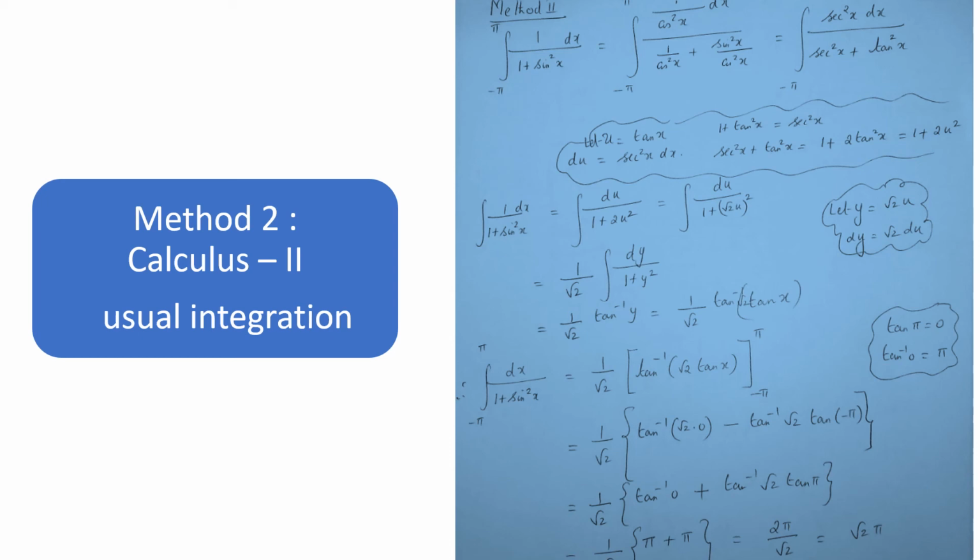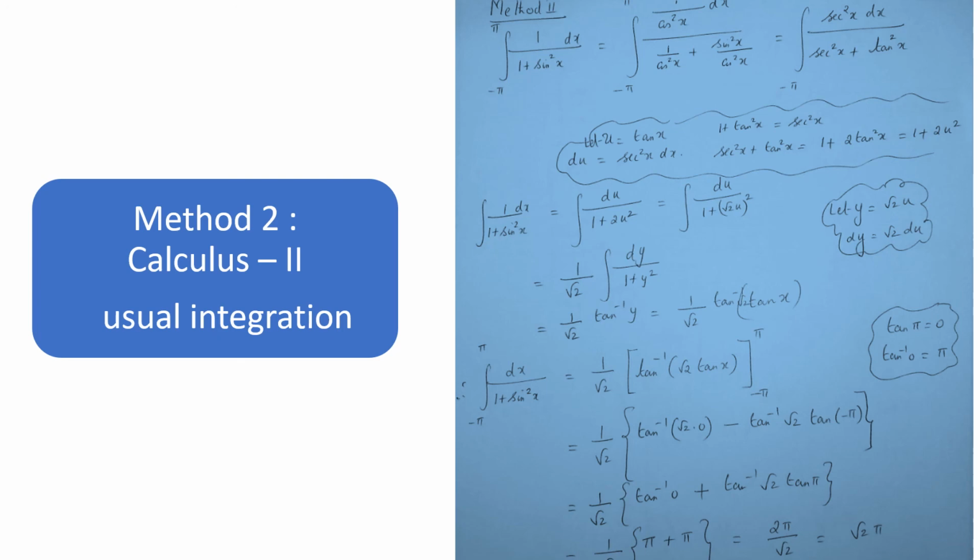When I plug in the upper limit pi, we know that tan pi is 0 and also tan inverse of 0 is pi. So here the upper limit gives pi. Also tan of negative pi is negative of tan pi, so I get a positive sign here.